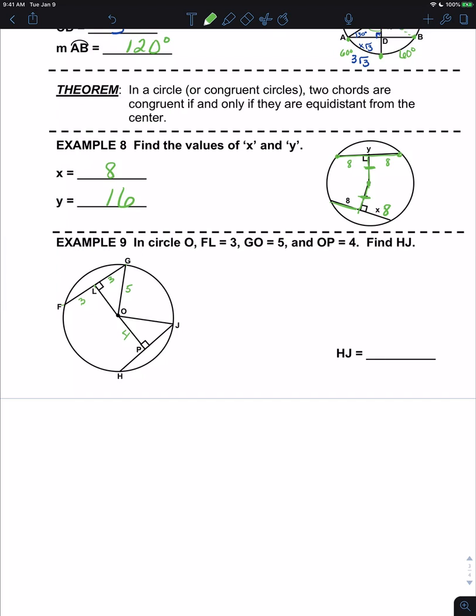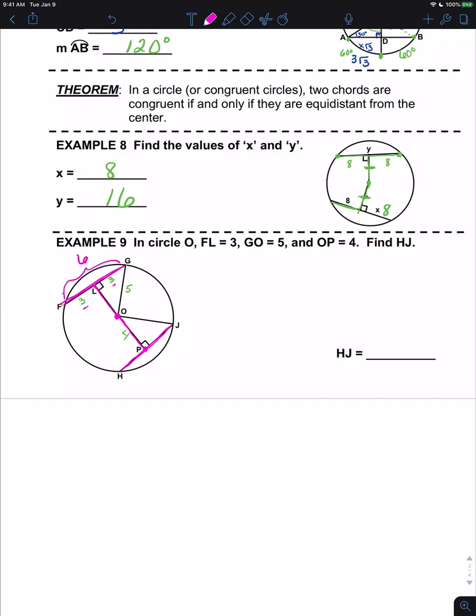Okay, so based on this rule, if this length from O to L is equal to O to P, then these two chords would be the same length, this chord and this chord. And we know this chord total is 6, because 3 plus 3.